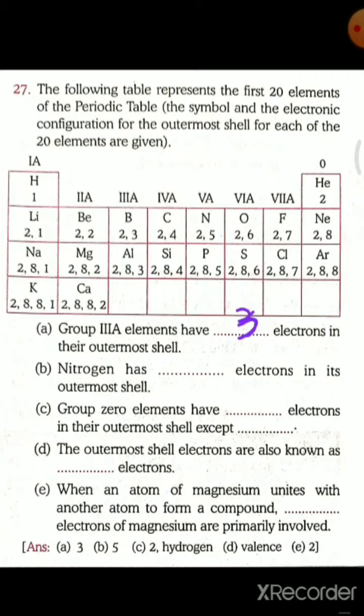So in nitrogen you know 2, 7. Sorry, 2, 5. So the 5 electrons are there in the outermost shell. Group 0 elements have dash electrons in their outermost shell except. So group 0 elements have 2 electrons.